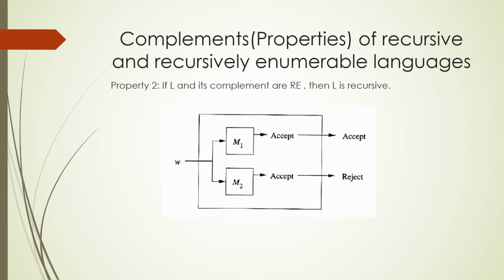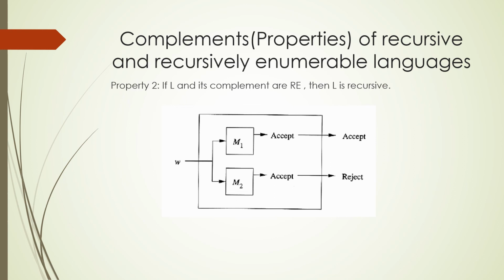Similarly, if I pass a string which can be accepted by M2, which is the complement of L, then it produces the output accept, that is, it says yes. When it says yes, we can conclude that the other Turing machine is going to say no. Anyhow, it will not be producing anything, but since these are complements of each other, we can infer the result.